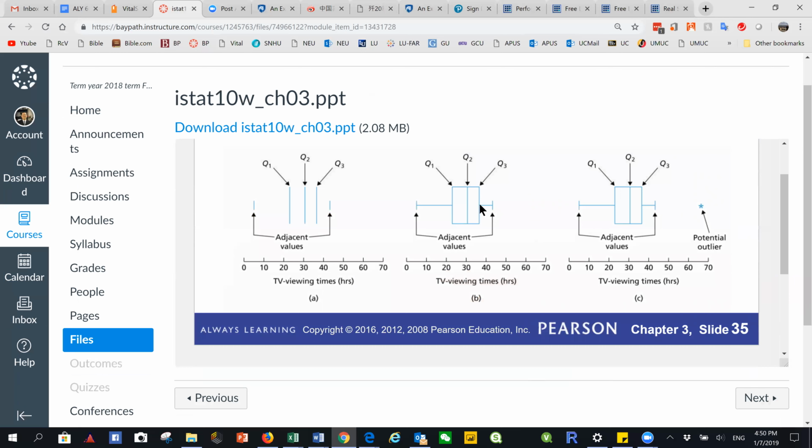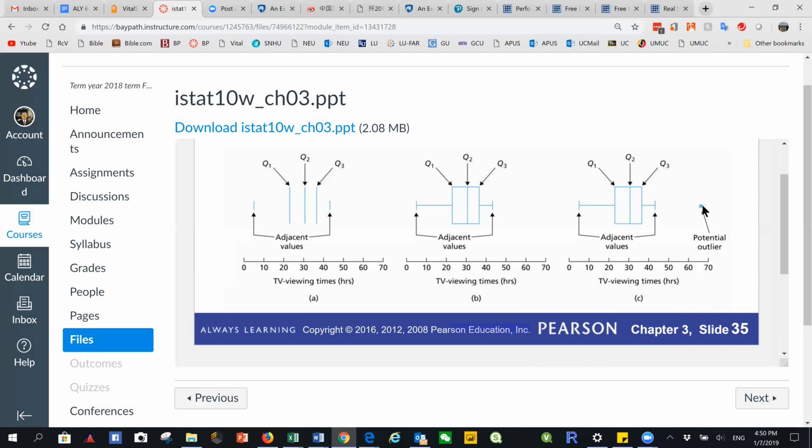So from here, Q3 plus 1.5 times IQR, the fence should be here. Since there are no values greater than that, there's no upper outlier. There's no outlier on the right-hand side. And then you build the lower fence by subtracting 1.5 IQR from Q1, in the same way, but there's no value lower than that fence, so there are no outliers.